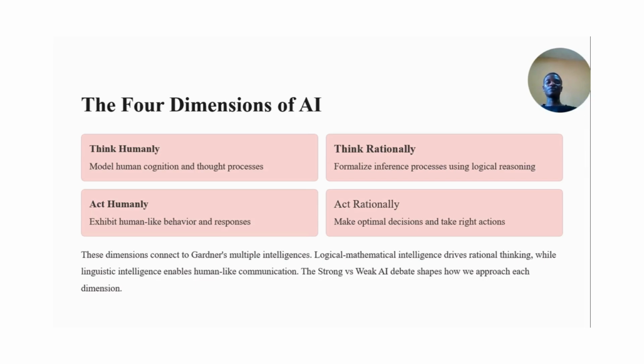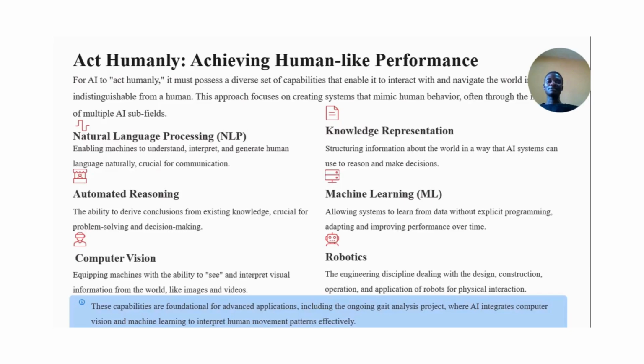All these dimensions can be represented, are constituted in Gardner's 8 different types of intelligence, and each can be seen simply as you dive deeper and deeper. To act human, like I say, we shall talk more about this because it's evident in the current versions of artificial intelligence.